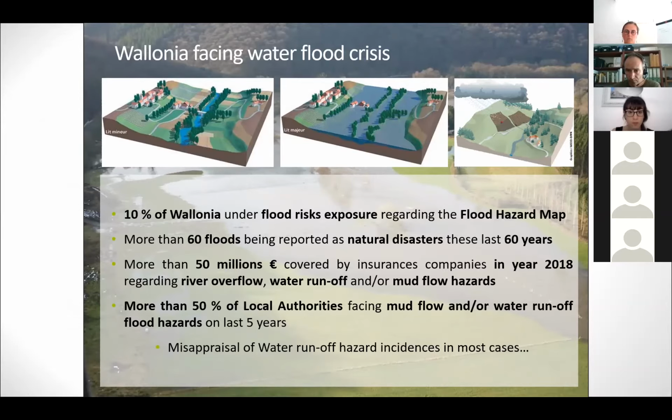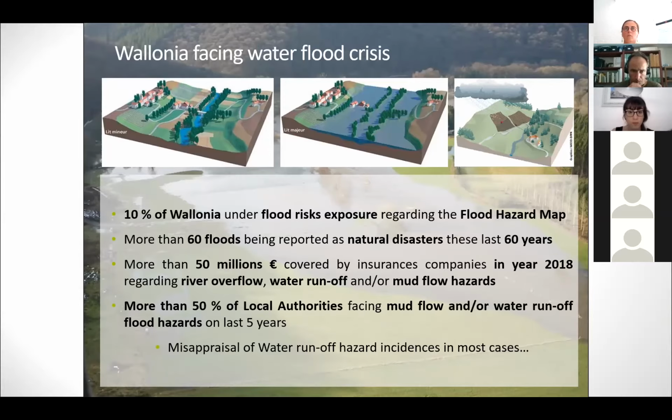More than 50 million euros were covered by insurance companies in 2018 regarding river overflow and water runoff. Many local authorities have faced mudflow and water runoff issues in the last 5 years. And in most cases, there is a bad evolution of the water runoff hazard incidents.